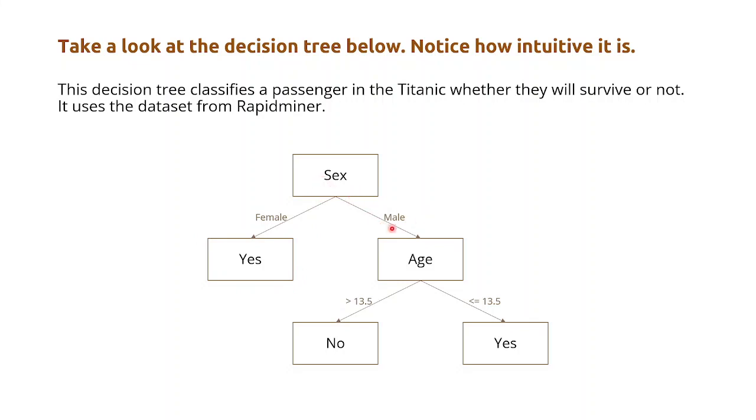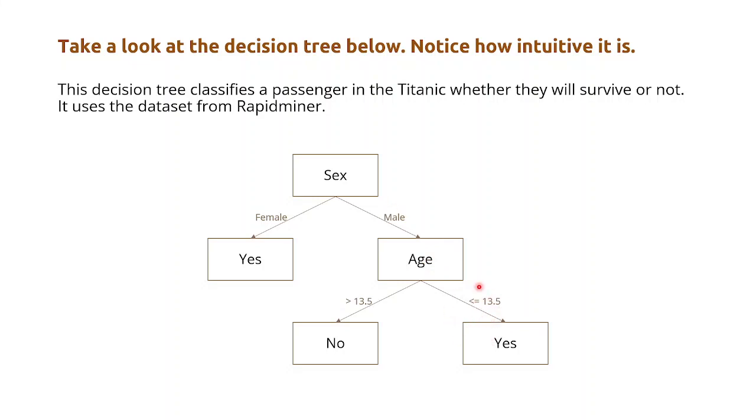But what about those males? What if males survive? As you can notice here, if the age of the male is greater than 13.5, no, he will not survive. However, if the age of the male is lesser than 13.5, then he will survive.